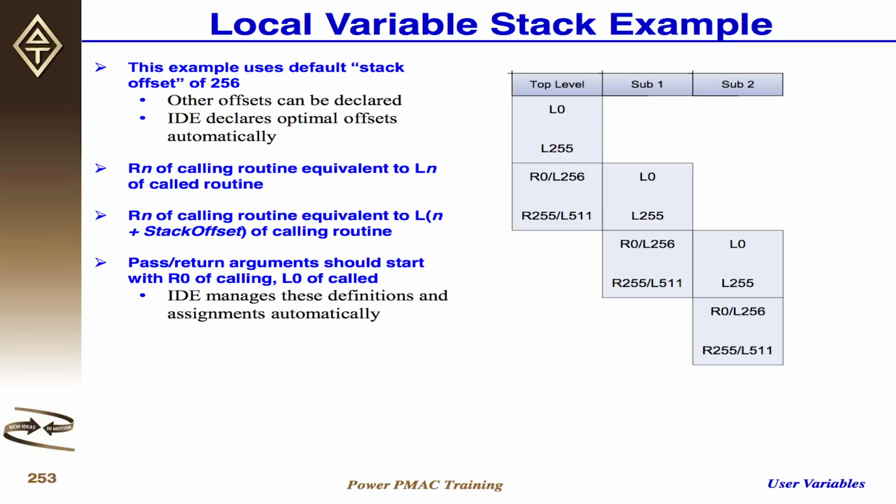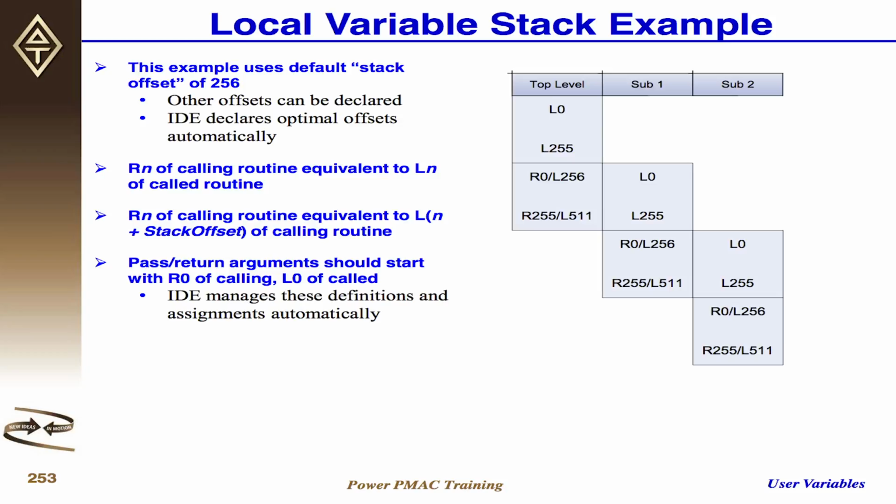So this allows a way to pass local variables through to subprograms, but it does have a slight risk associated to it if you're not paying attention and you have too many L variables or too many R variables, because if this top level program has so many L variables, it goes all the way up to 700 of them.